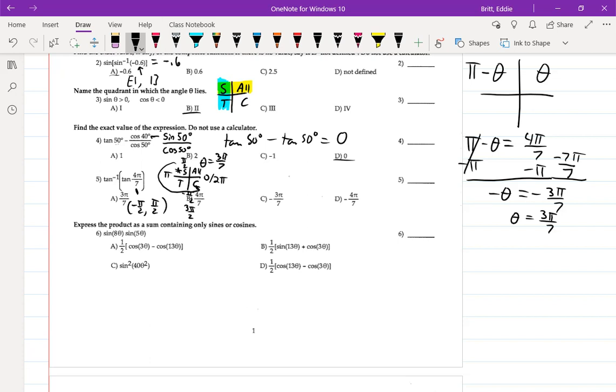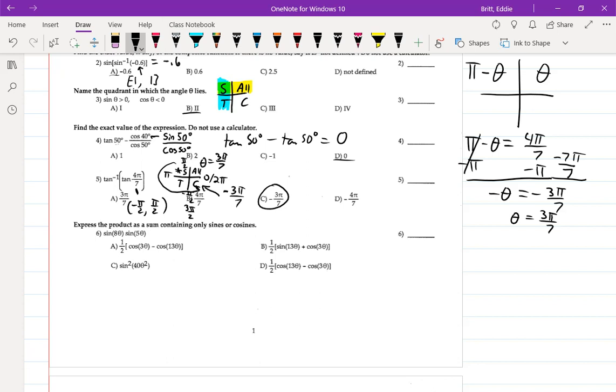But we want to change it into the angle measure in the fourth quadrant, written as a negative angle measure. So the shortcut is just to put a negative in front of this. So in this quadrant, that would be negative 3 pi over 7. Now that puts the angle measure between negative pi over 2 and pi over 2. So the answer for this is negative 3 pi over 7.